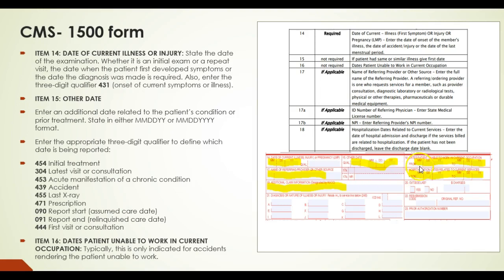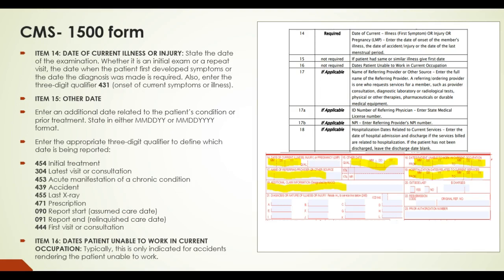And then block 18, those are your hospitalization dates related to the current services. So for patients that were treated in a hospital, you would enter that admission and discharge date in month, day, year format.